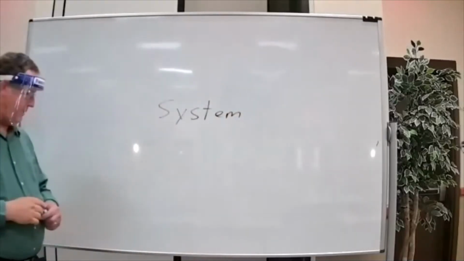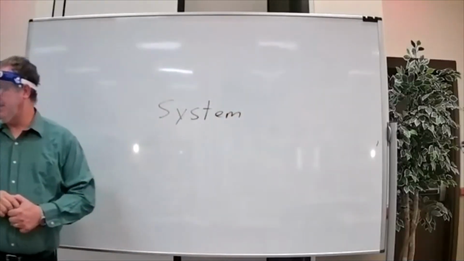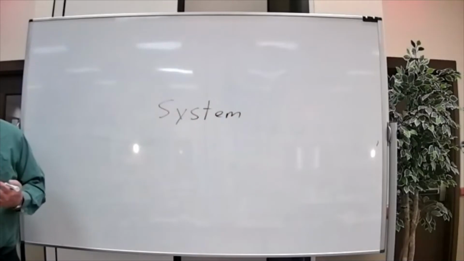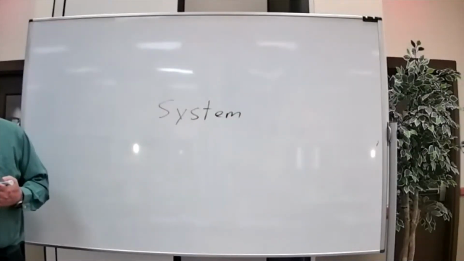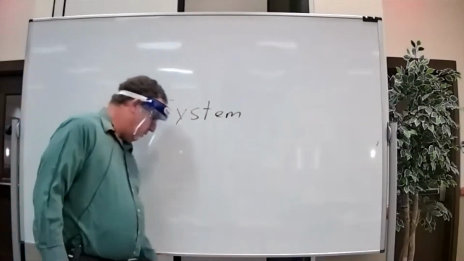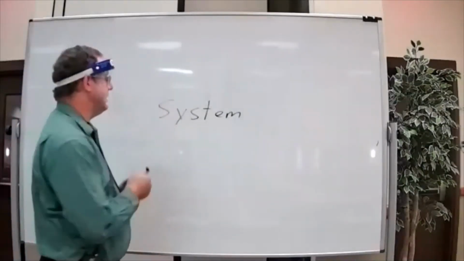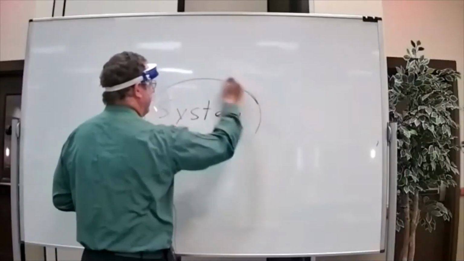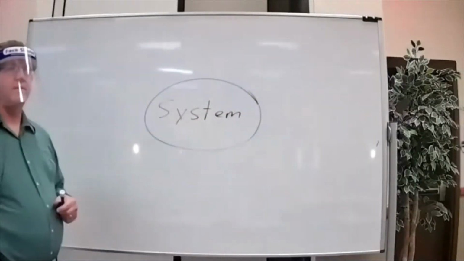We're going to refer to something as a system. A system is a very simple term. A system is whatever we define it as, and whatever we do not define as the system is everything else.